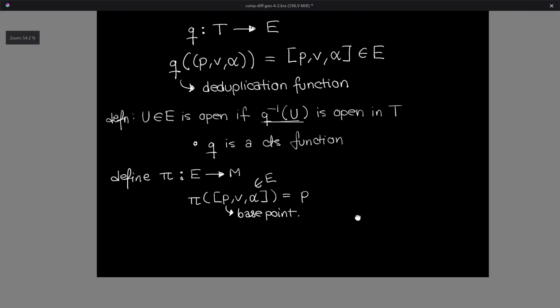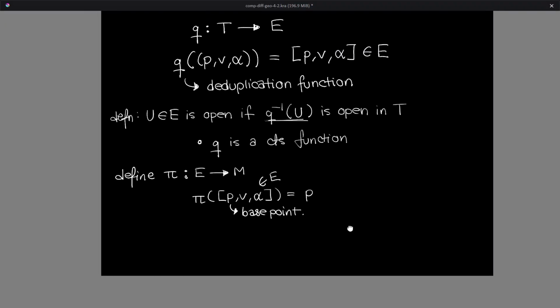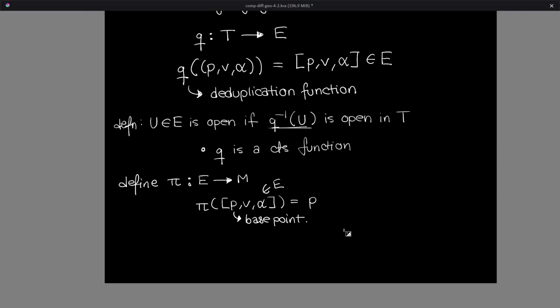The next thing that we want to do is prove that pi is a continuous function. So let's do that. Pi is continuous.